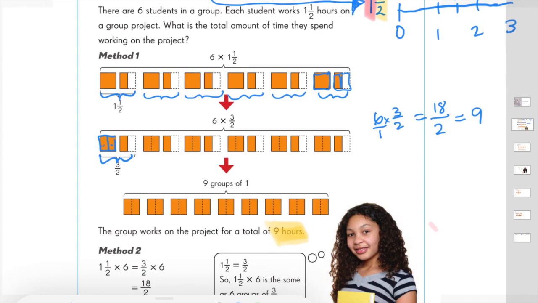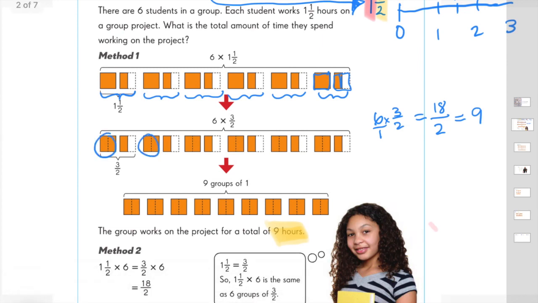Now, just to go back and clarify where we get 9 groups of 1. So if we take each of these halves now, right? We said, let's change 1 1/2 into 3 halves. We made that into an improper fraction. Well, let's combine now to see how many wholes we have. Let me grab my pen here.